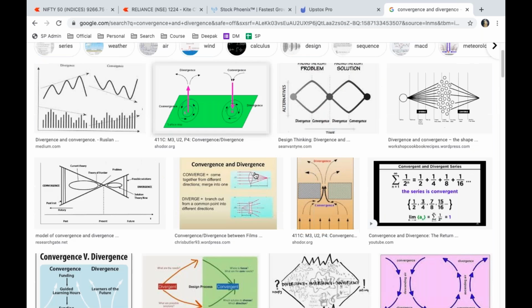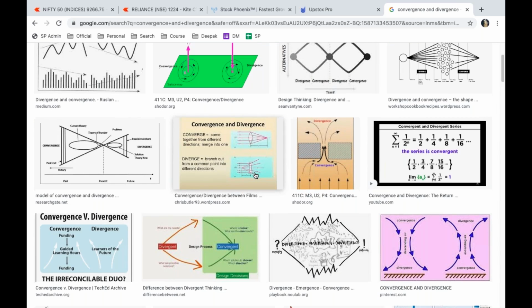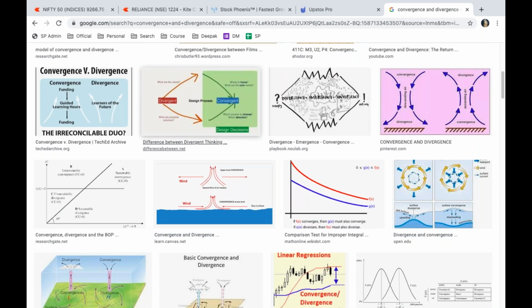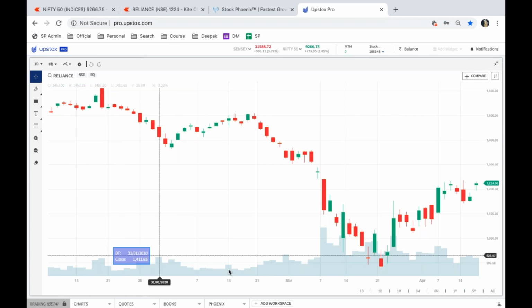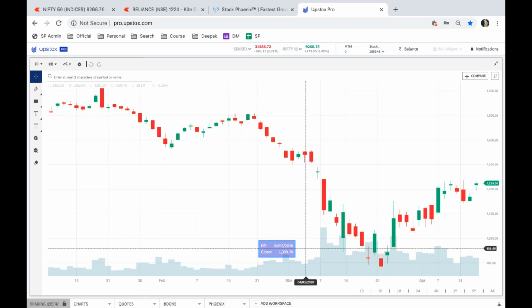I don't see relevant images for convergence and divergence. That means the movement of the lines. Okay, let's learn in a very simple way. Now MACD is not a very important indicator. Very clearly I am telling, MACD is not a very important indicator. It's just a supporting indicator, but it should be there in your Stock Phoenix setup.